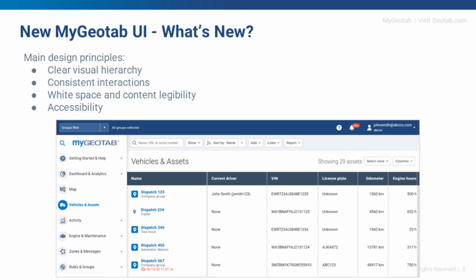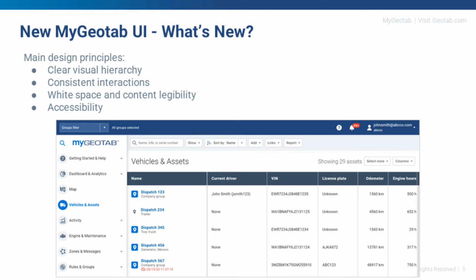For example, we really wanted to bring the user's eye into the content. So red, as you can see in this particular slide, is used for things that need to draw the attention of the user right away, especially for those things that might be going wrong. Consistent interactions throughout our library of components that are consistently used across the pages.